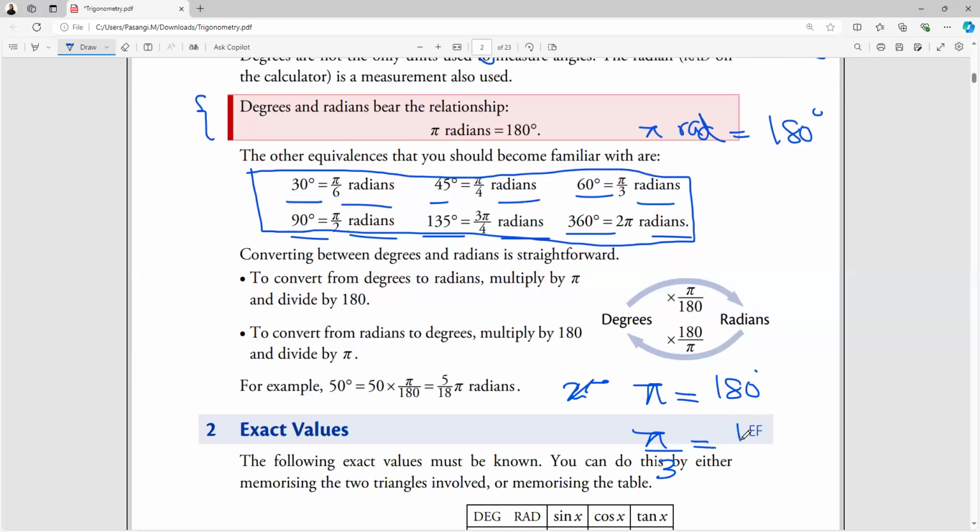Then what we can do is divide 180 by π and multiply by π over 3. That's the method. If it's degrees, we divide by 180 and then multiply by π to convert into radians. If it's radians, we divide by π first and then multiply by 180. Yes, teacher.